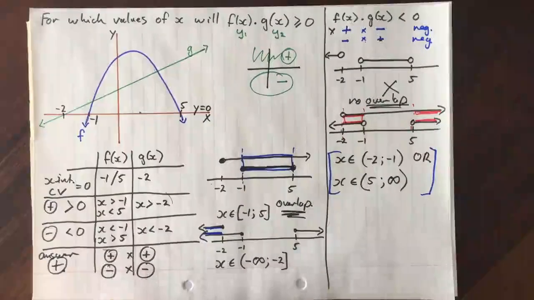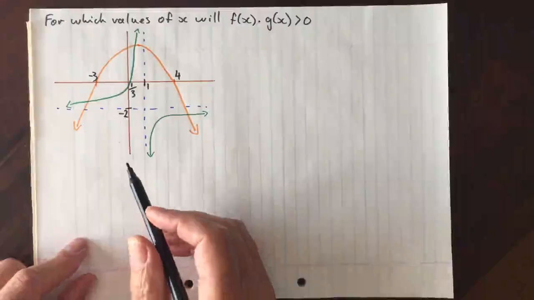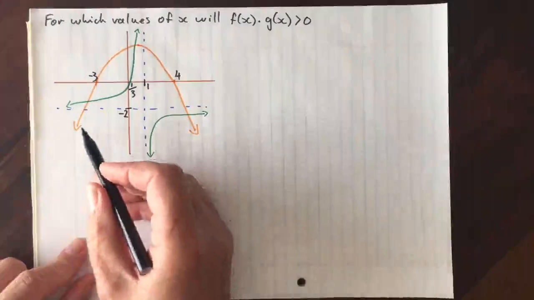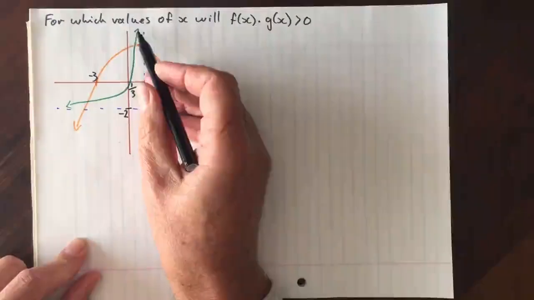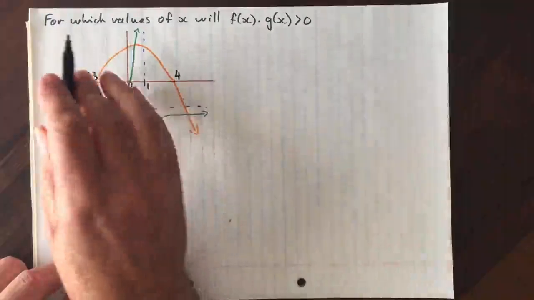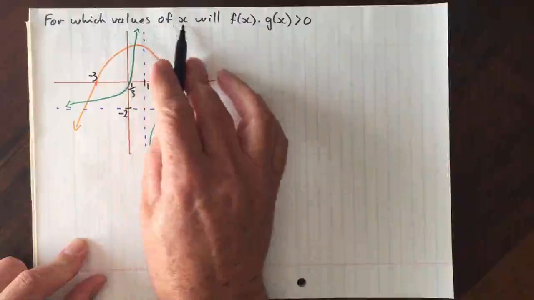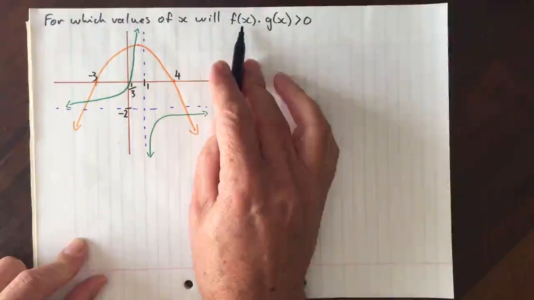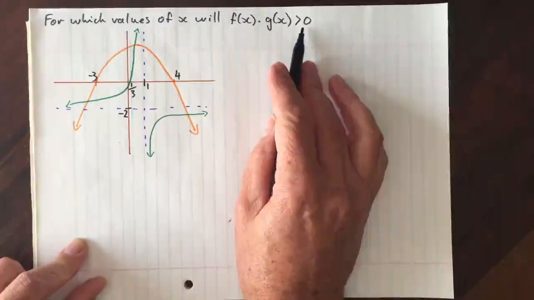Right, let's just clean the sheet and we're going to do a next example just now. Example number 2, what we have here is a parabola and a hyperbola. And the question is, for which values of x will f(x) times g(x) be greater than 0?